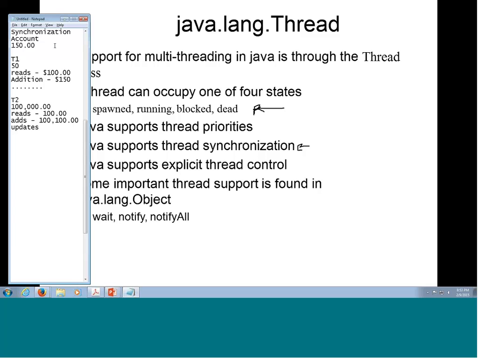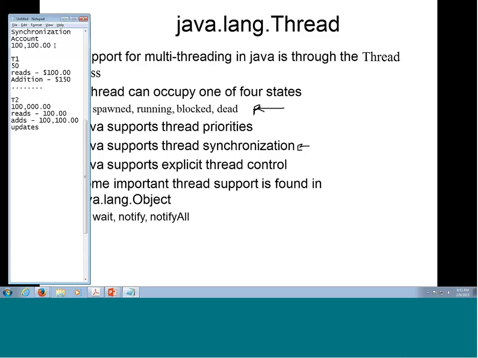So the concept of synchronization in Java is that the account object should be locked. Meaning if T1 is working on it and it got interrupted, other updates should not be allowed. That's the point. If T2 is doing an update, then T1 should not be allowed. So the right balance here would obviously be what?